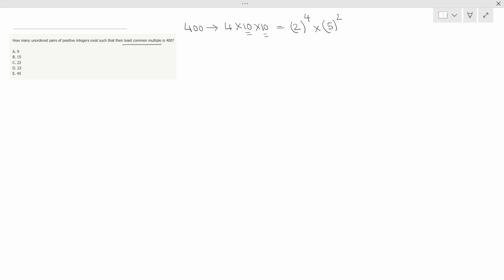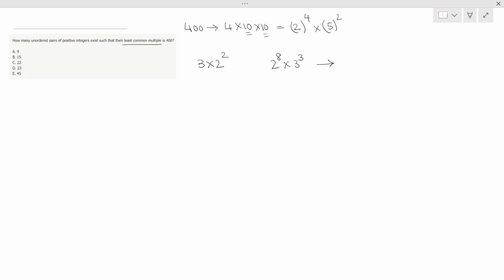Now, before we move forward, let's look at what an LCM is. LCM, as the name suggests, is the lowest common or the least common multiple. It represents the maximum power of the prime numbers whose LCM we are trying to find out. So, for example, if we have 3 into 2 square as one number, and let's say 2 raised to the power of 8 into 3 cube as the second number, the LCM of these two will be the maximum power of the prime factors.